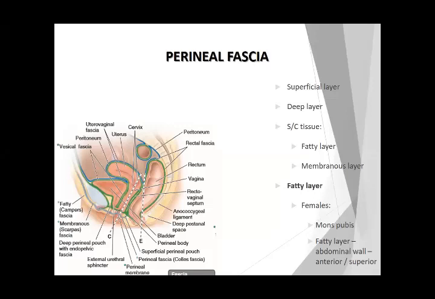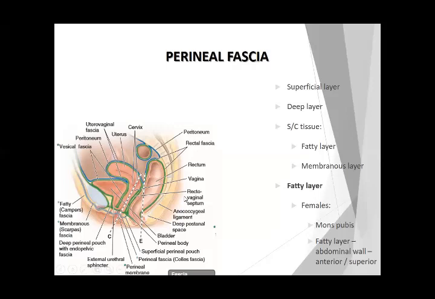So one thing before I start off with the perineal fascia, please note that just like you have the two layers of the subcutaneous tissue of the abdomen, the fatty layer and the membranous layer, these fatty and membranous layers also continue into the perineum.